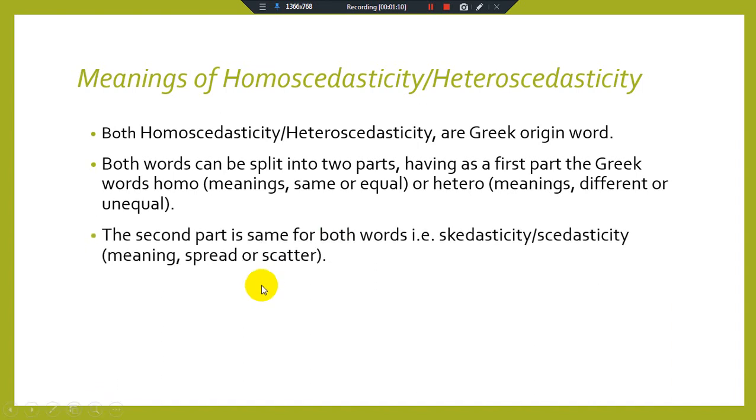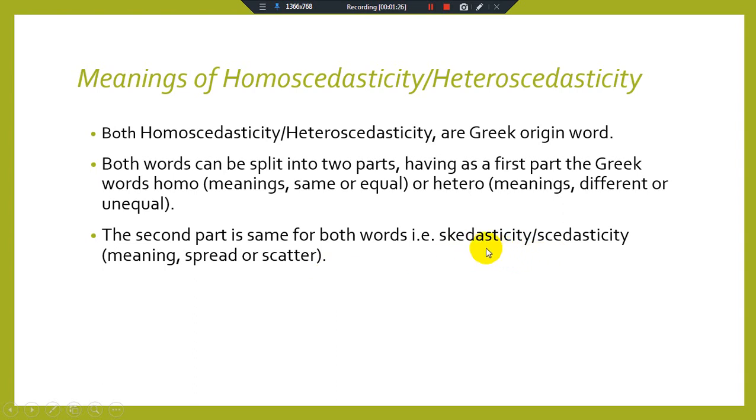The second part of both words is the same, that is, sedasticity. Some books pronounce it one way and some another.